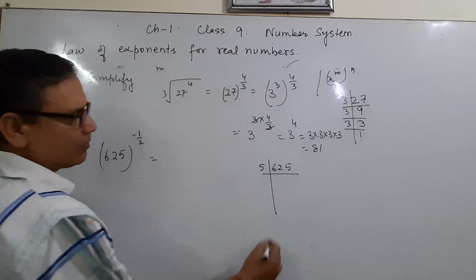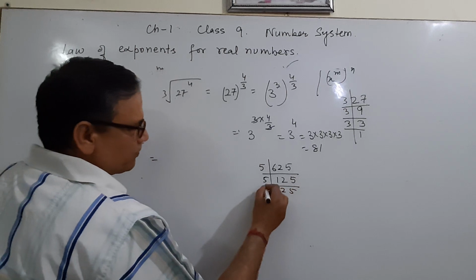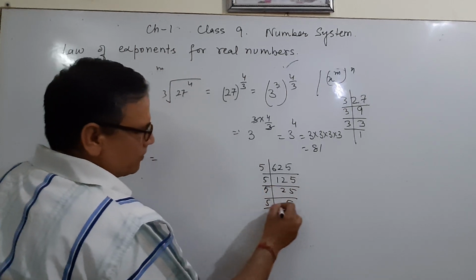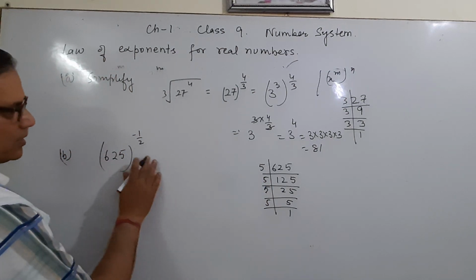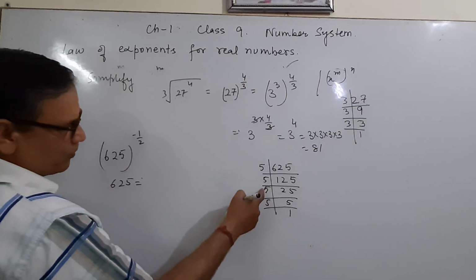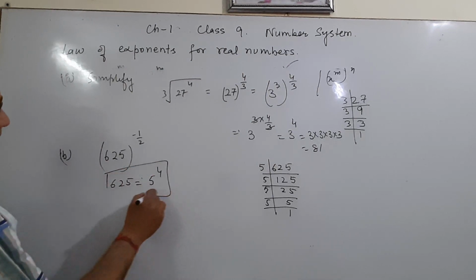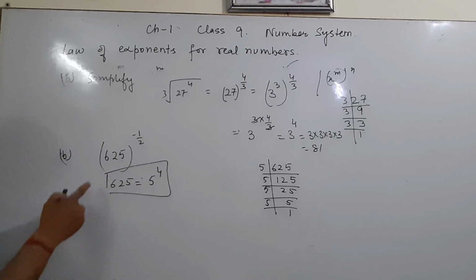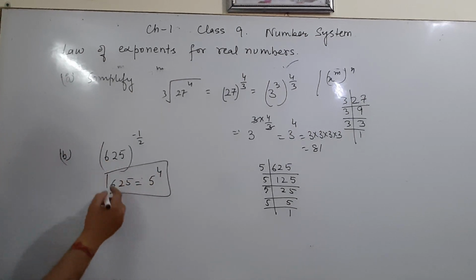Now divide it. 1, 2, 5. Here is 5. 2, 5. Here is 5. 5. Here is 5. 1. 1, 2, 3, 4. So 625 is equal to 5 into 5 into 5 into 5, which means 5 power 4. So here I have put 5 power 4 whole power minus 1 by 2.